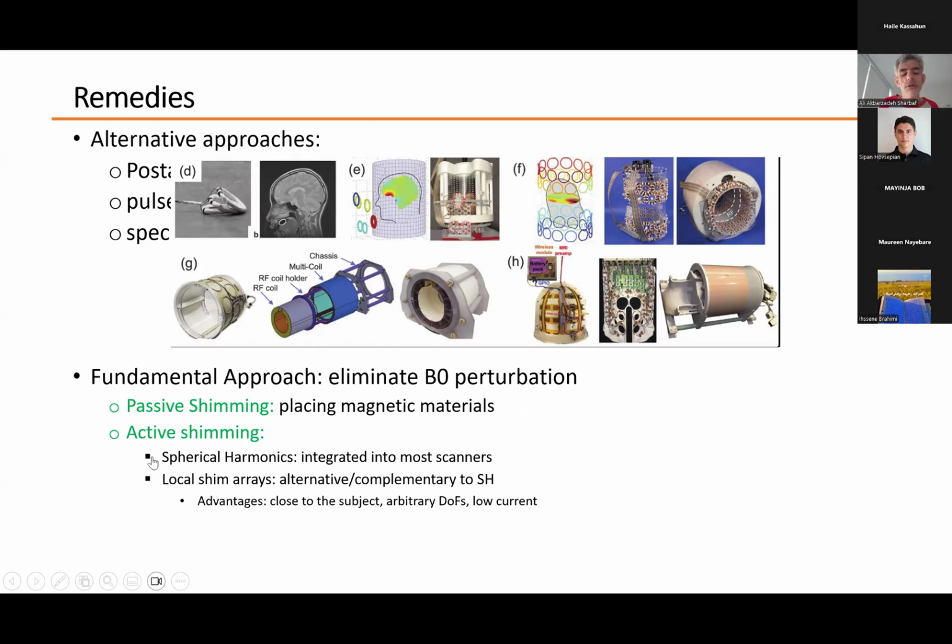Active shimming falls into two categories: spherical harmonics, which is already integrated into most of the scanners, and the other is to have some local shim arrays. So we can place some DC coils that generate a B0 field around the subject to counteract the B0 inhomogeneity inside the subject, inside, for example, the brain.